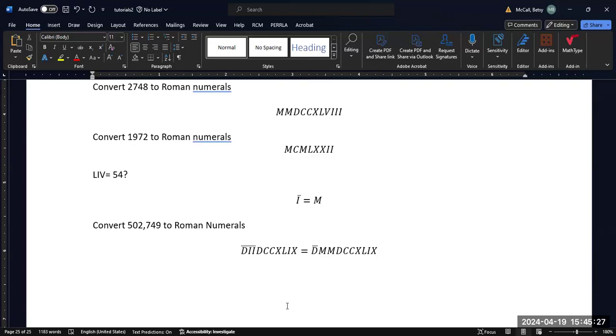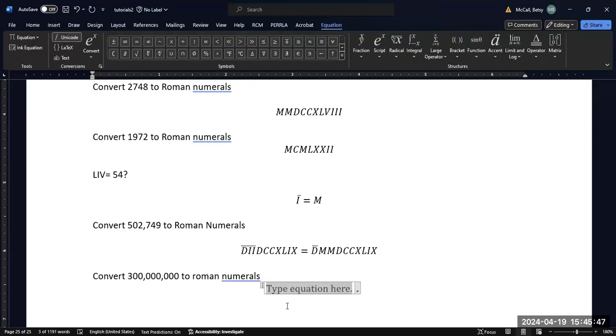And again, if you needed to go larger, like 300 million, let's say, then you would take your 300, which would be CCC, and you would not put one bar over it.